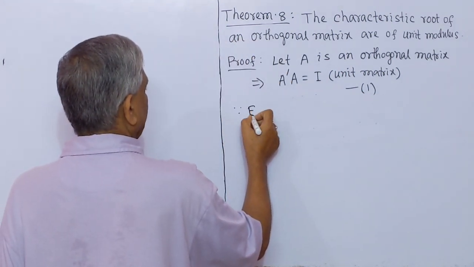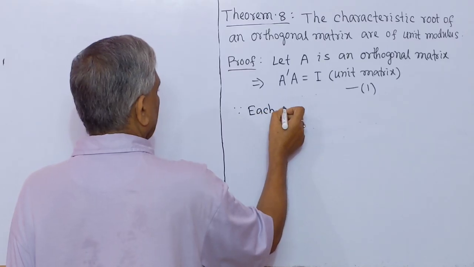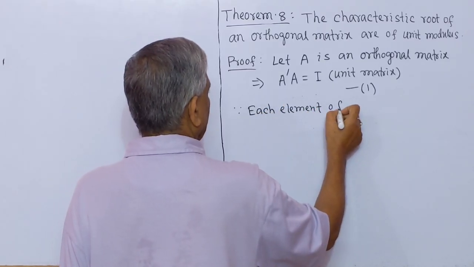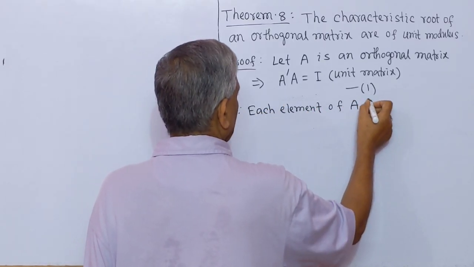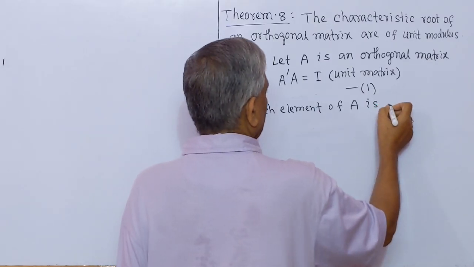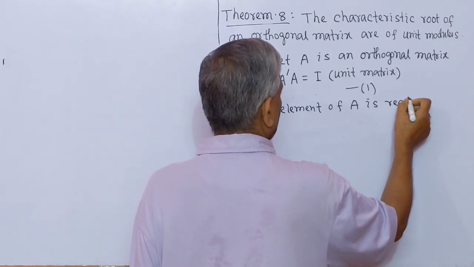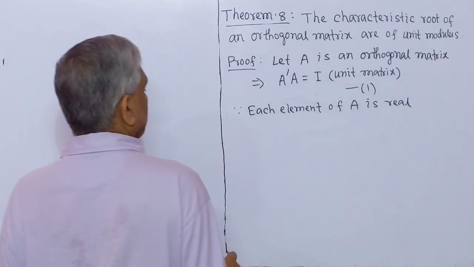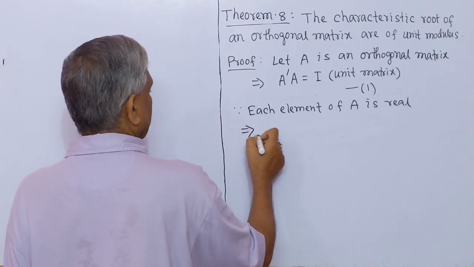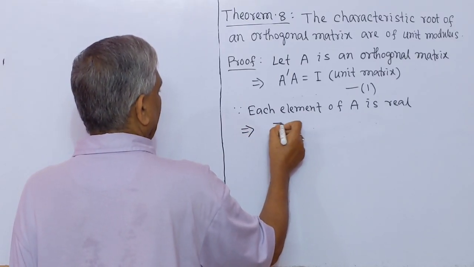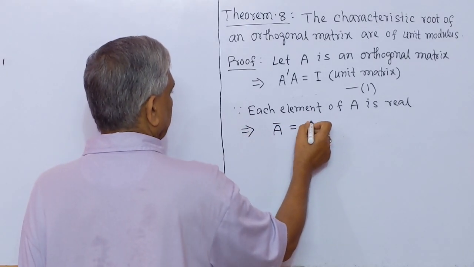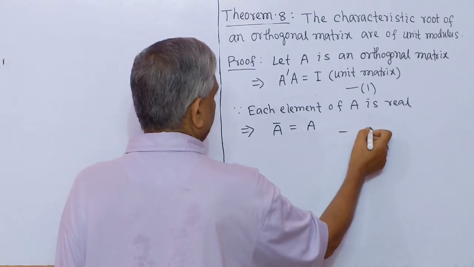Since each element of A is real, it implies that the conjugate of A = A. This is number 2.